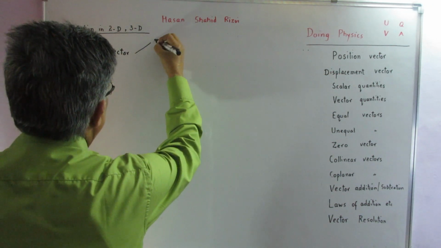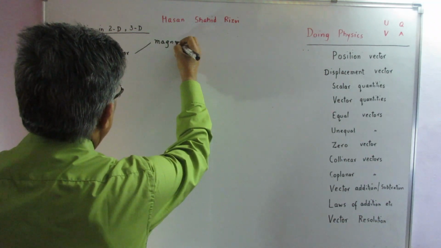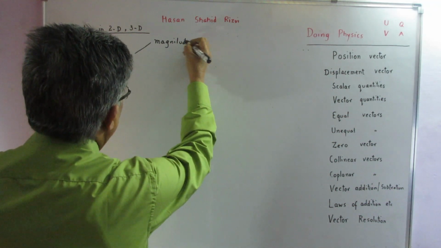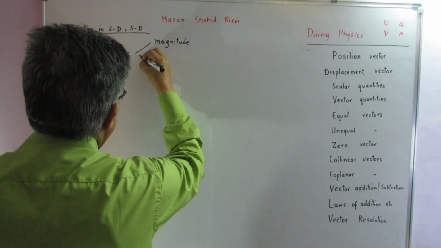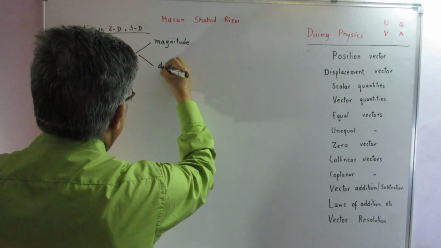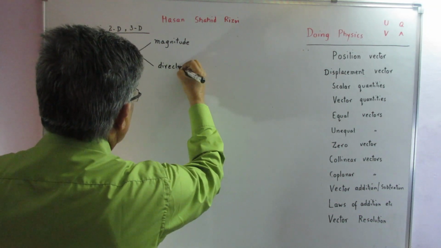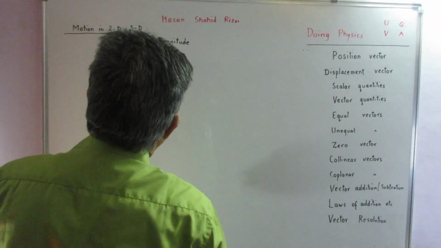One is its magnitude, that is its absolute value, which is positive, and the other is its direction in space. Direction is a property of space.